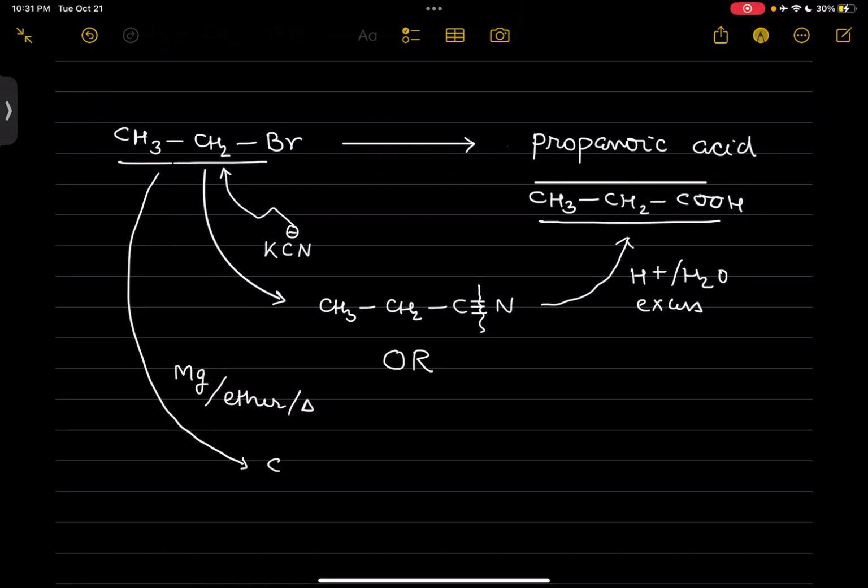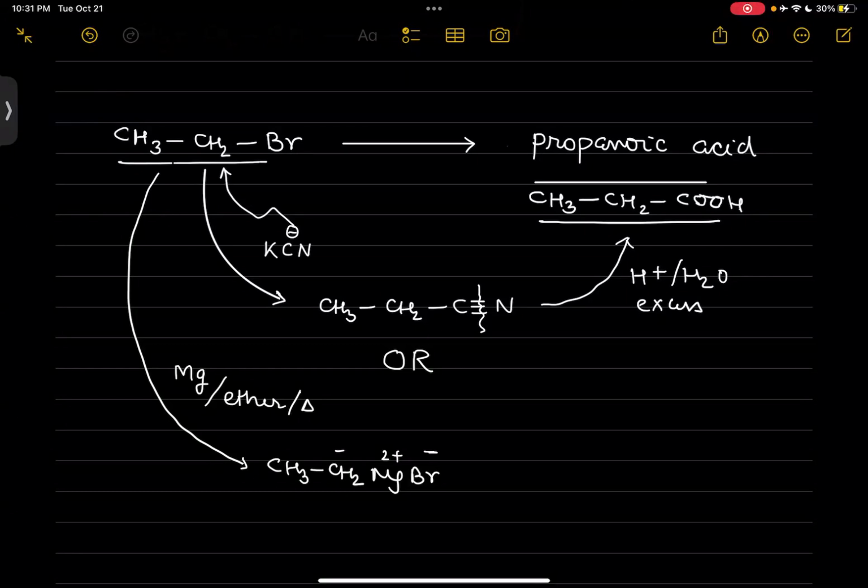It will change to CH3CH2MgBr. And you know Mg is plus 2, so the carbon is minus. Got it? Is it clear?